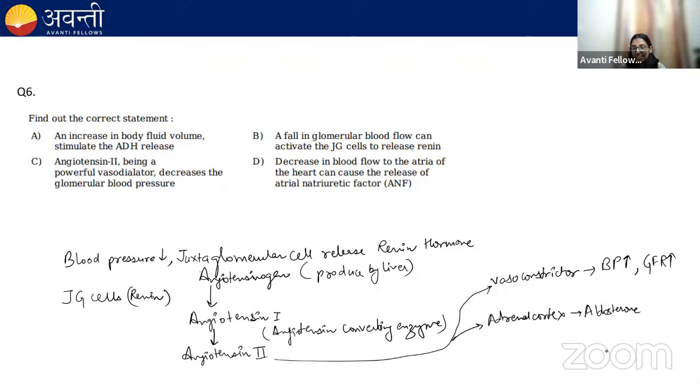This aldosterone is involved in the reabsorption of water and sodium in the DCT. So if the water is reabsorbed, the blood volume will increase. If the blood volume increases, the blood pressure also increases and the glomerular filtration rate also increases.